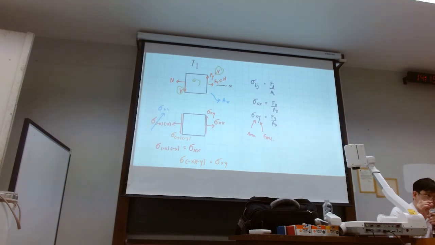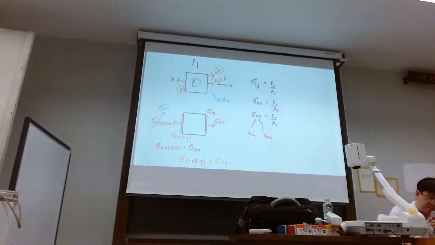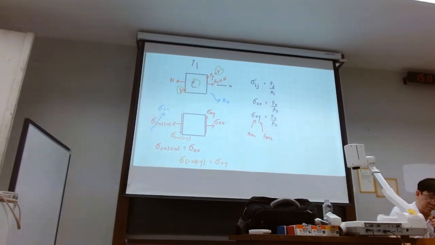The object itself is in equilibrium, which means you have to have something to counterbalance that. And that something must be going a different way. So what happened here is that I'm going to have this shear force over here as well. Shear force over here as well to make it balanced.